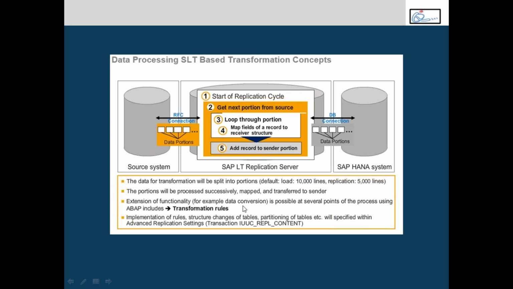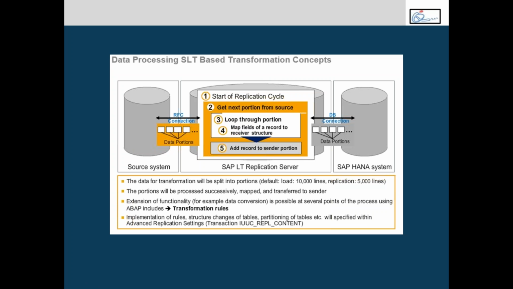And for all these transformations, like modifying, structural changes, filtering, when you want to perform them in SLT, if it is prior to DMIS 2011 SP5, the older version, we use the T code IUUC_REPL_CONTENT. This is the T code to perform all the transformations.